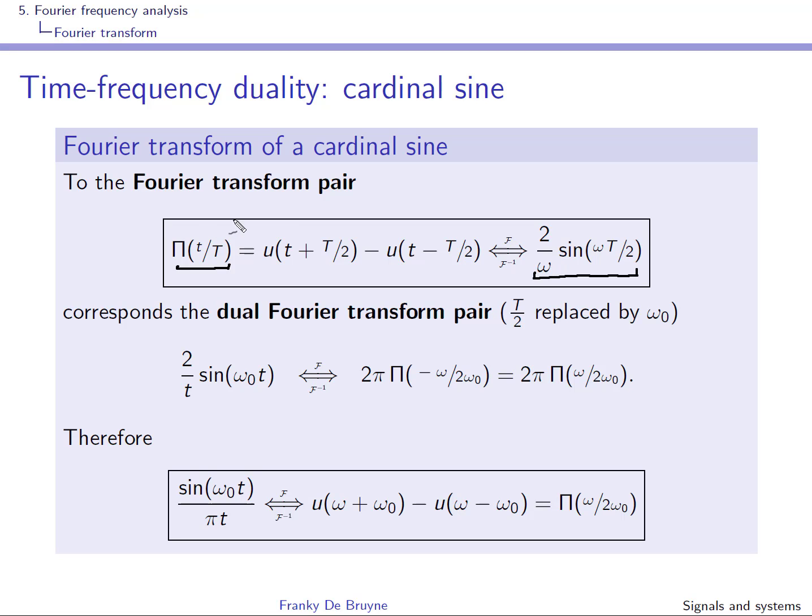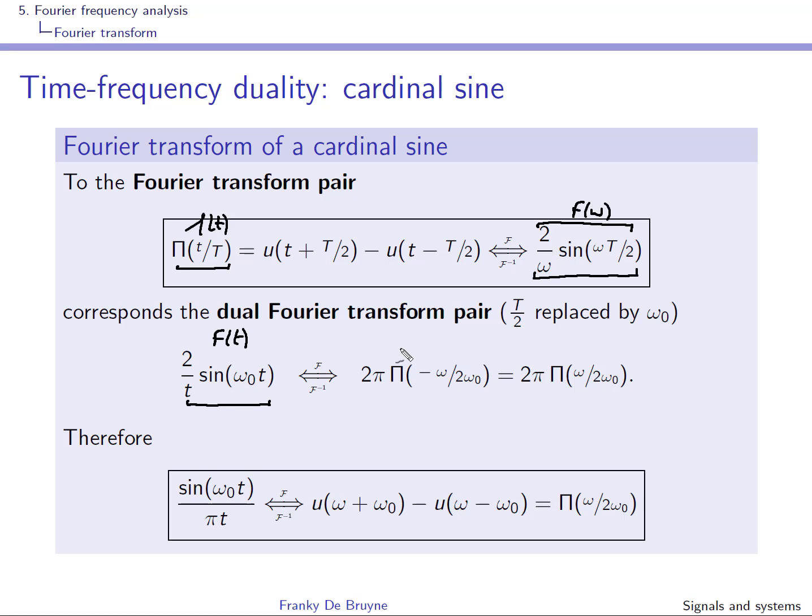So this will play the role of f of t, and here we have its Fourier transform F of omega.